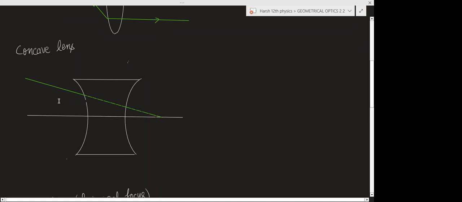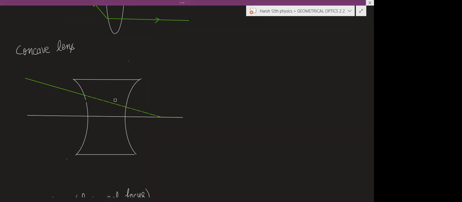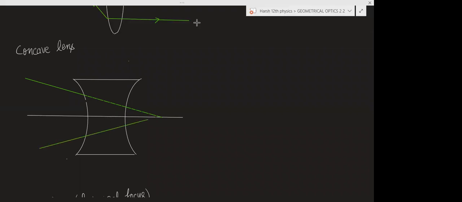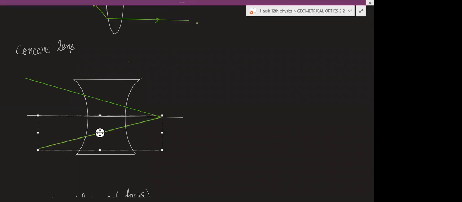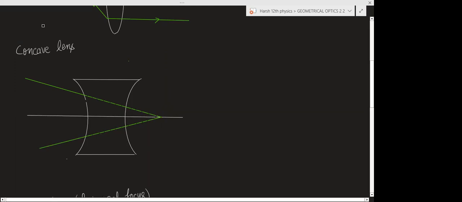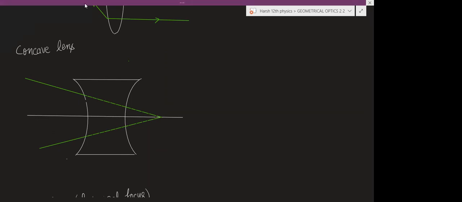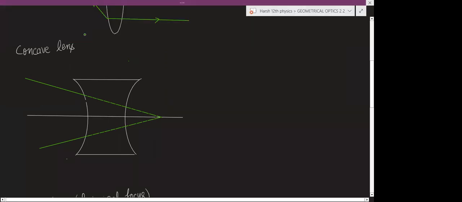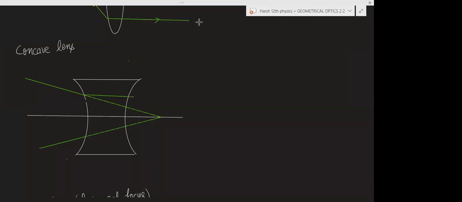This ray of light is going towards a point, and there is another ray of light also going towards a point, and after refraction, these rays become parallel to the principal axis.